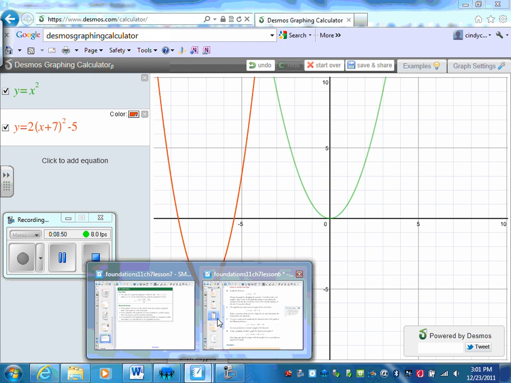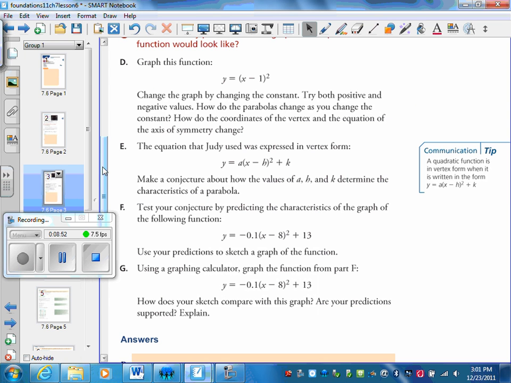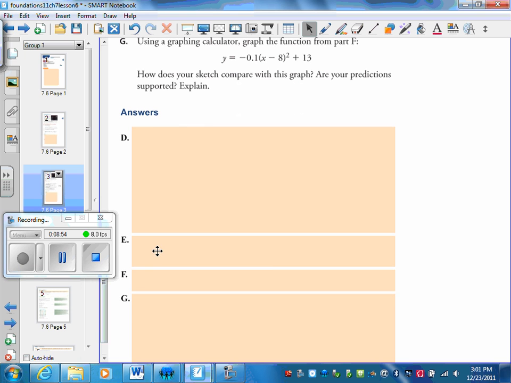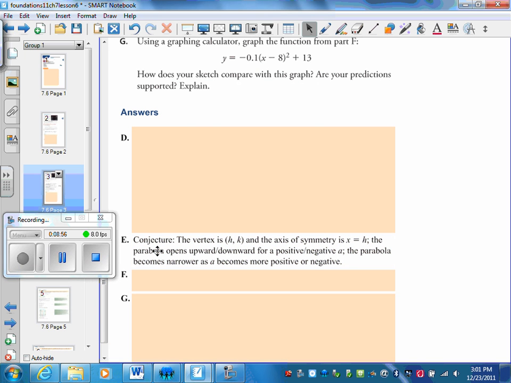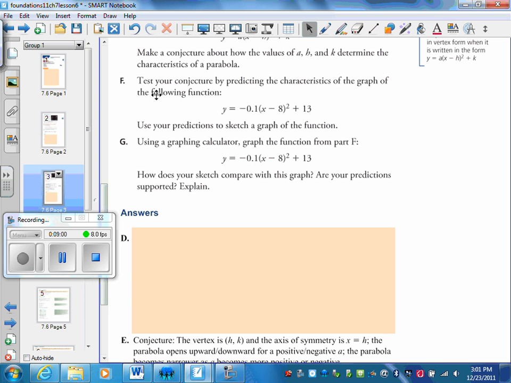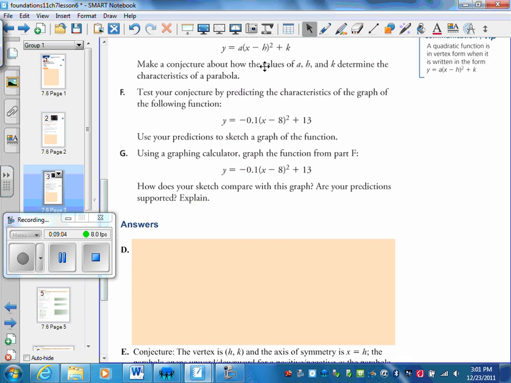So the conjecture that we should make for E is that the vertex is at (h, k). The axis of symmetry is x equals h.